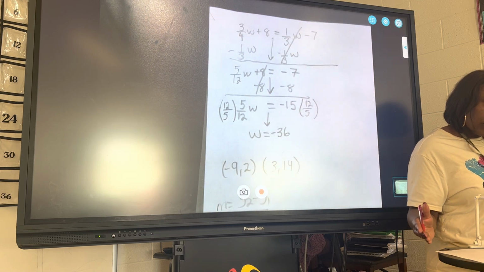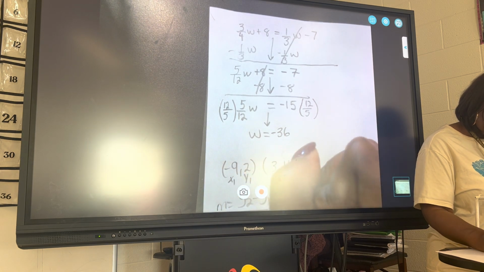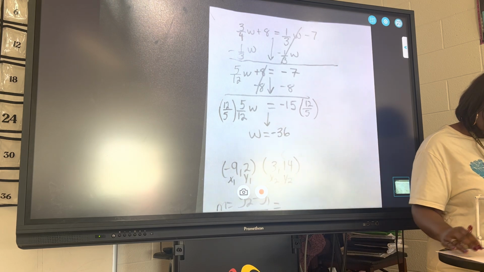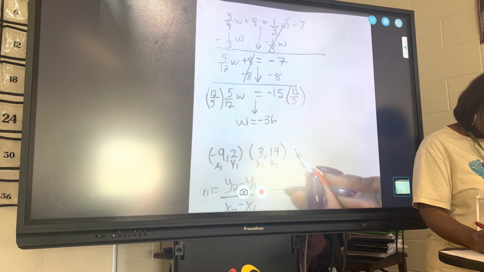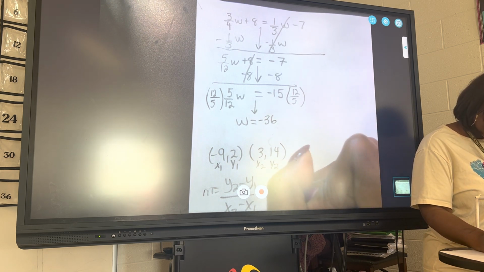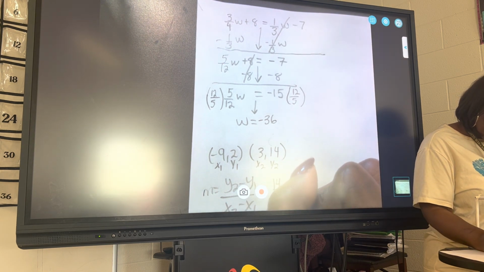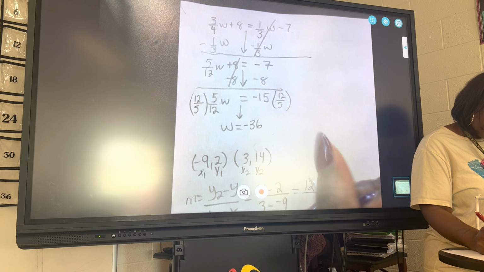So you have to label, good job, x1, y1, x2, y2. And what did you put on the top? 12. You put what first, what minus what? 14 minus 2. Very good. And then on the bottom, 3 minus -9. Very good. So 14 minus 2, you were right, you get 12. And then on the bottom, what did you get?